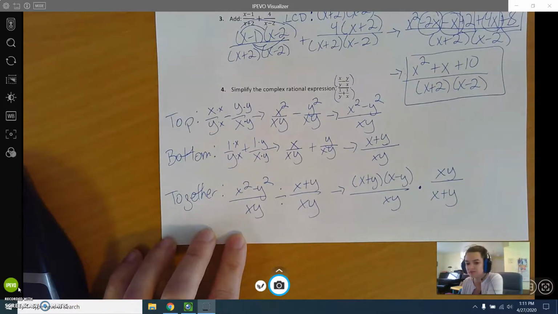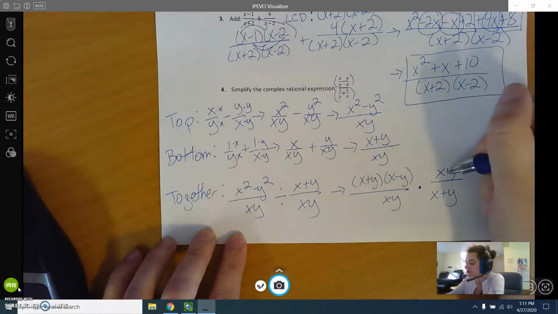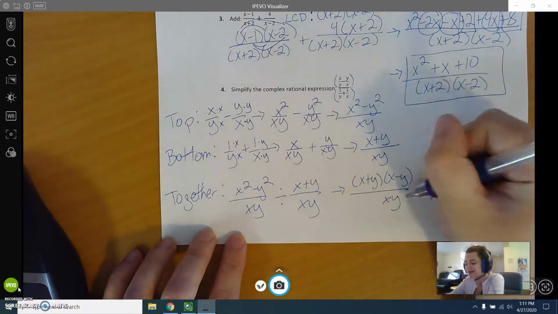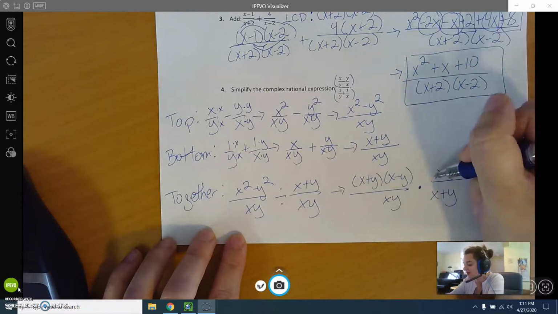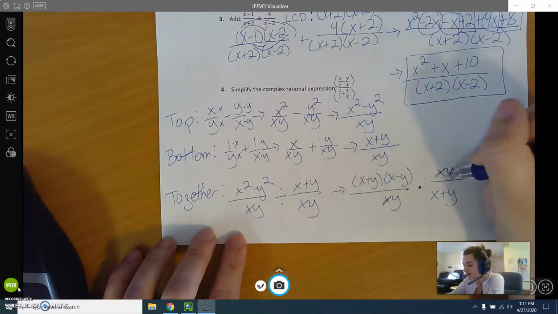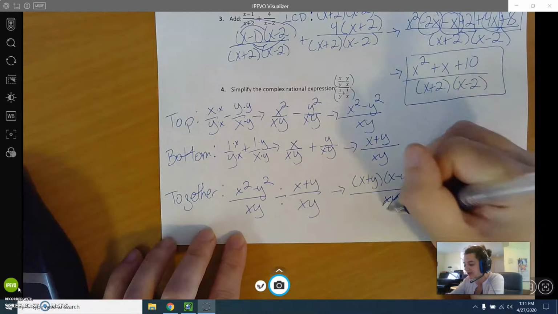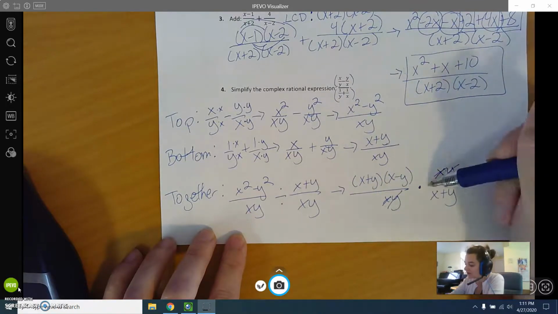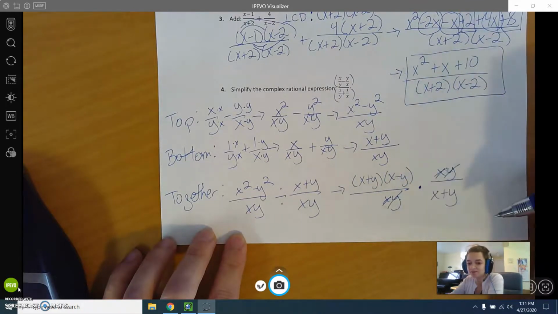And we're ready. Then I look for what can I divide out? What's a common factor in the numerator and denominator that divides? So I notice I have an x and a y down here. So the x's will divide out, and so will the y's. X divided by x is 1. Y divided by y is also 1.